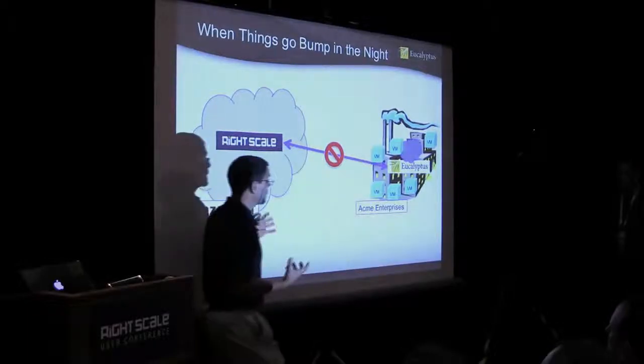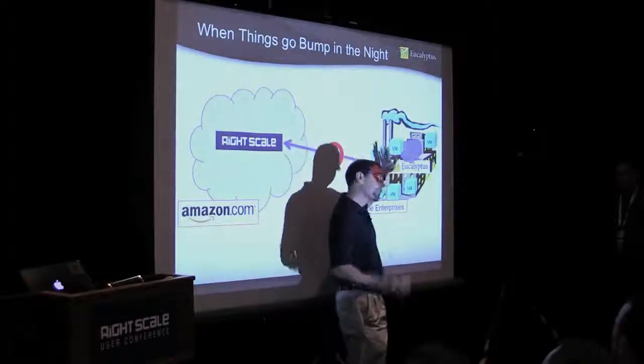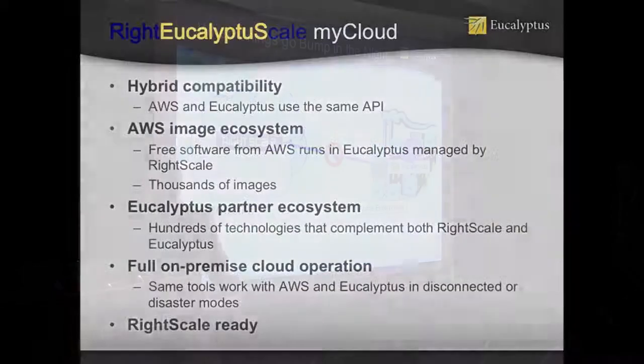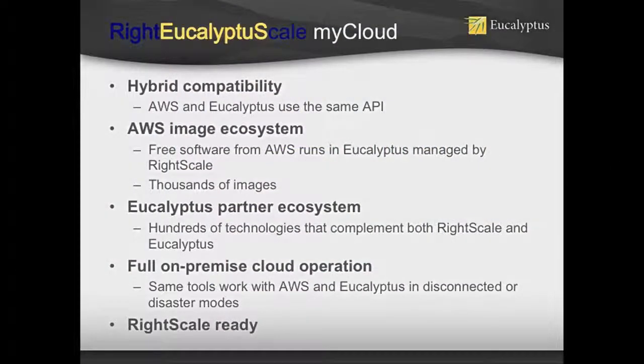And it's really important to understand that this thing will run in completely disconnected mode, right? Not all clouds are prepared to do that. Okay, so with RightScale and Eucalyptus, in my cloud, sorry, you can tell I'm really into the word thing. Hybrid compatibility. We are AWS compatible.